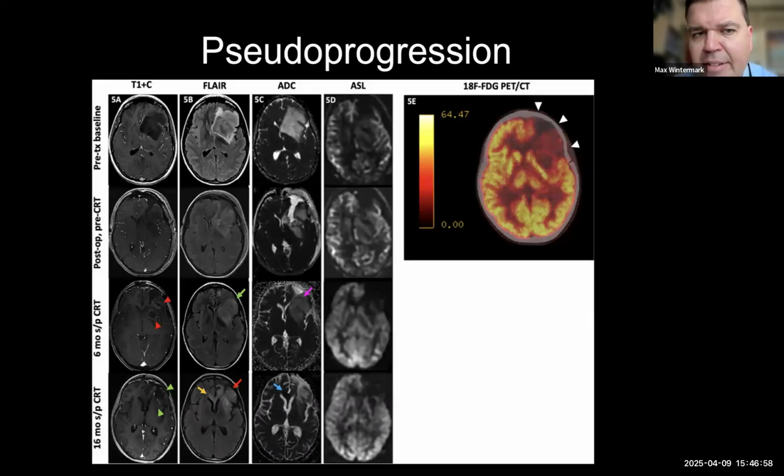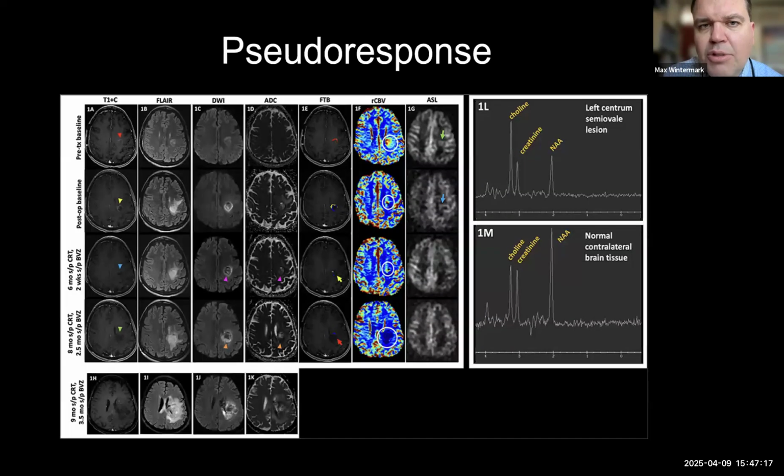And the concept is this: the technique is different, the way you get your measurement is different, but what you measure is very similar. It's the cerebral blood flow instead of the cerebral blood volume. And again, in the setting of pseudo-progression, you are going to have decreased cerebral blood flow, whereas if it was real progression, then you would see an increase in the ASL.